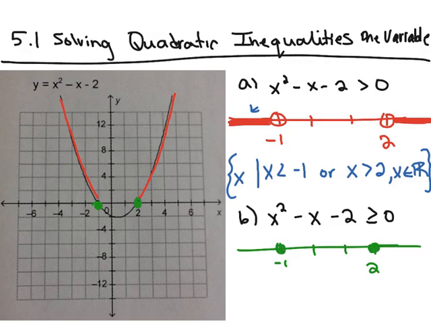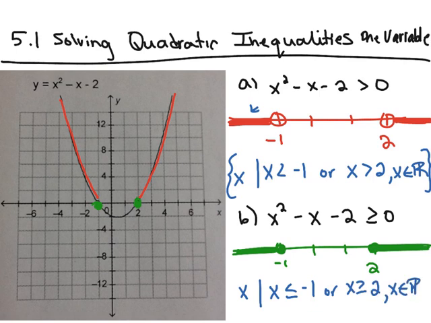So it's the 0 and everything greater than. So for our answer, it would be x such that x is less than or equal to -1, or x is greater than or equal to 2 for all the real numbers.